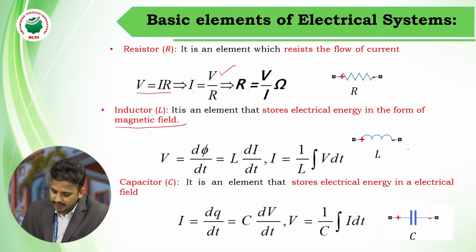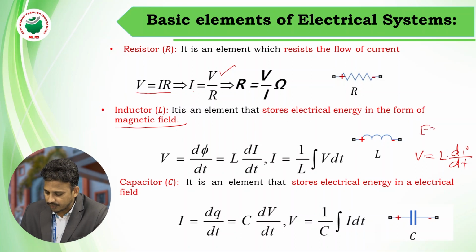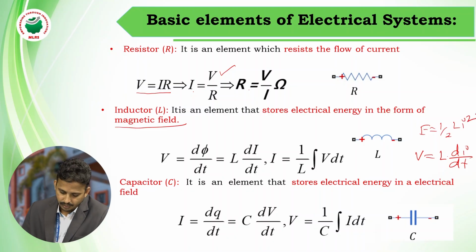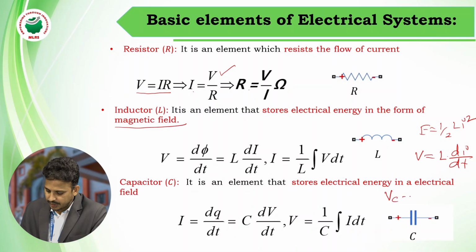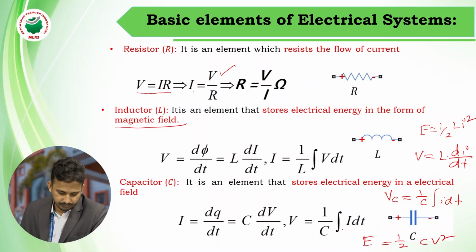The voltage across an inductor is V is equal to L into di by dt, and the energy stored by the inductor is 1 by 2 L i square. The capacitor stores energy in the form of an electrostatic field, the voltage across the capacitor is equal to 1 by C integral i dt, and the energy stored by the capacitor is equal to 1 by 2 C V square.